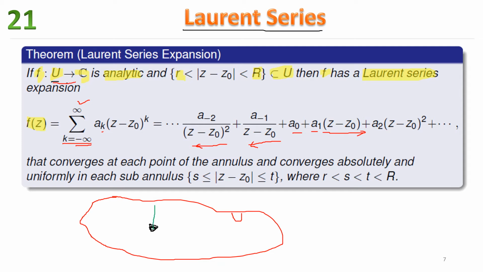Here, this is the point which is z0. And we consider a circle of radius small r and a circle of radius capital R. So here, let me state this as small r and the other one as capital R.